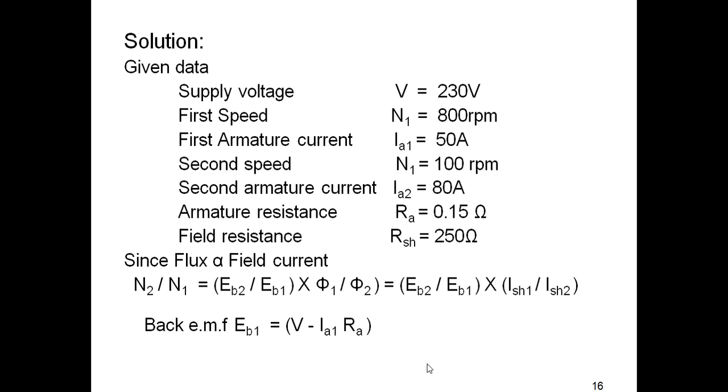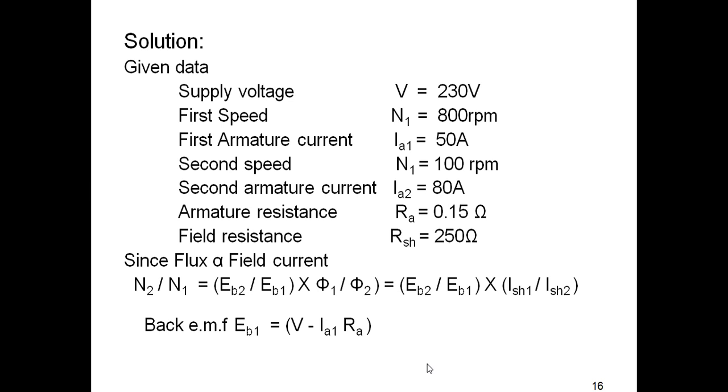From that, to find the first back EMF, EB1 is equal to V minus IA1 RA. Already we know the values for V, IA1 and RA.